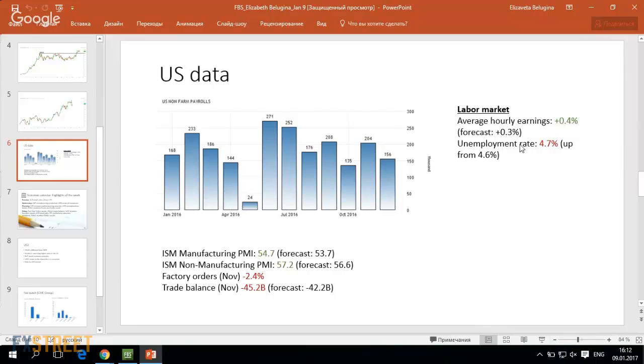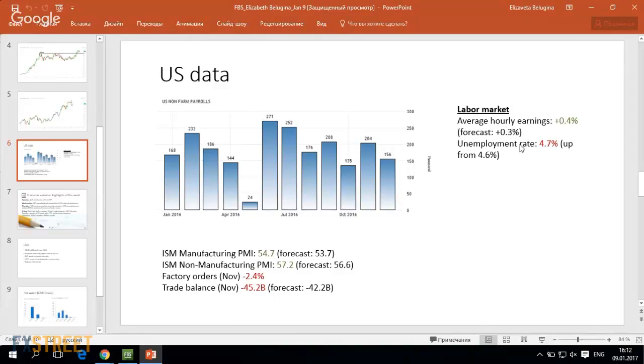We can see that the unemployment rate in America increased from 4.6% to 4.7%. Still, traders were not discouraged by this news, as it turned out that the labor participation rate has also increased in the United States, and as a result of more people having the desire to get a job, this unemployment rate increased.